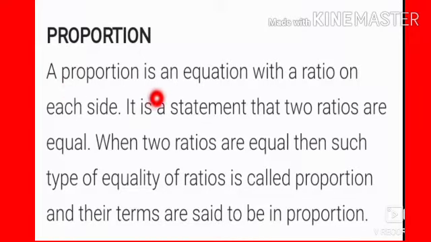Proportion. A proportion is an equation with the ratio on each side. It is a statement that two ratios are equal. When two ratios are equal, then such equality of ratios is called proportion, and their terms are said to be in proportion.